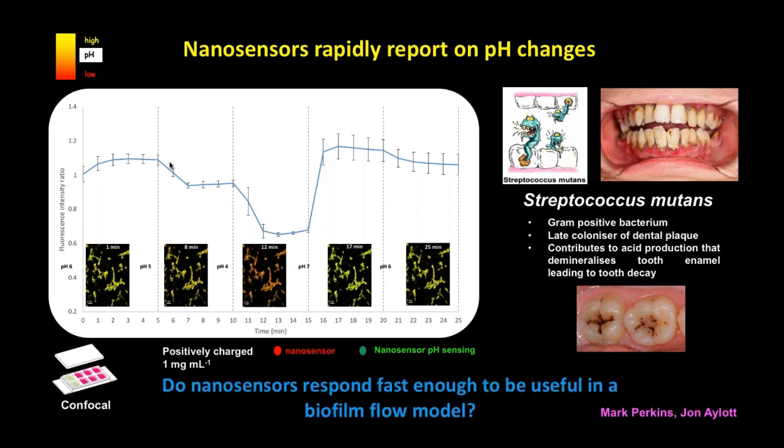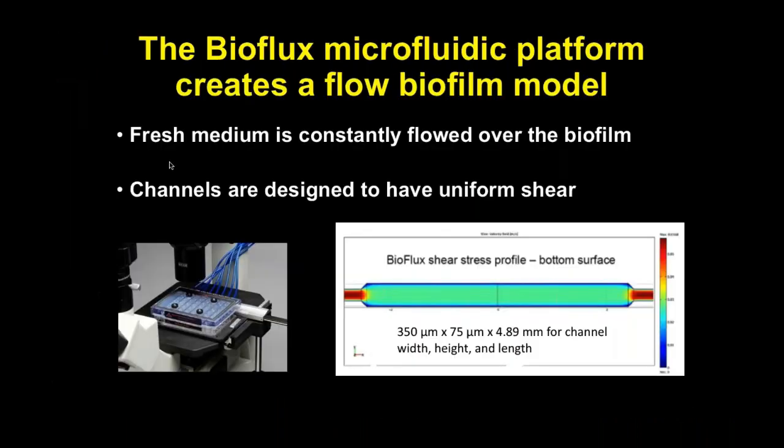So we wanted to see if we could see this response within the flow biofilm model. So this is where we employed the BioFlux nano chambers, and we pumped fresh media constantly across the biofilm. And you can see here in the picture on the left, you get a manifold going into the plate where you can flow the media across, and the channels are designed so that you get a uniform shear across the whole of the channel, so you can have uniform pictures of your biofilm.